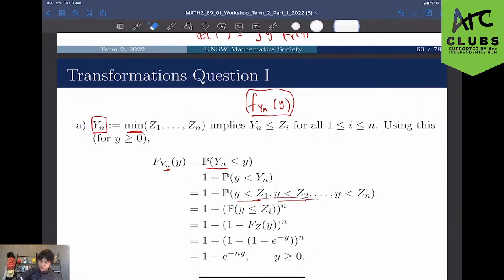And then we can use the fact that Z1, Z2, up to Zn all have the same distribution.